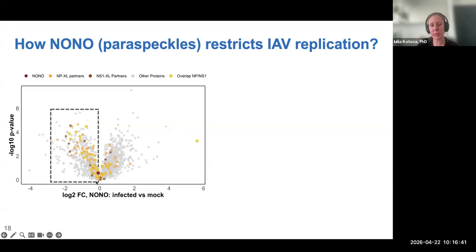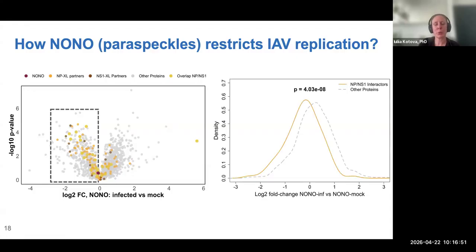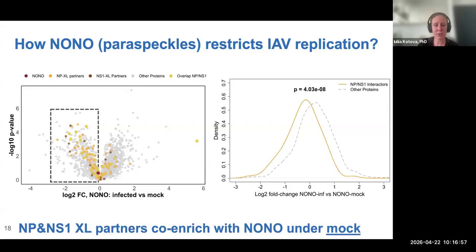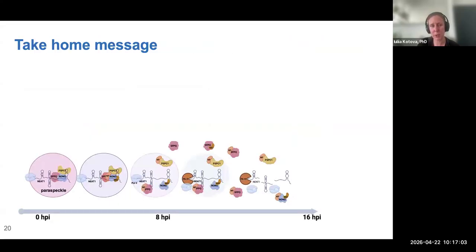So there are a lot of NP and NS1 interacting partners interacting with NONO, though only under non-infected conditions. And that means that upon infection, these interactors get released. And we think this is the explanation of why influenza bothers to disrupt paraspeckles.